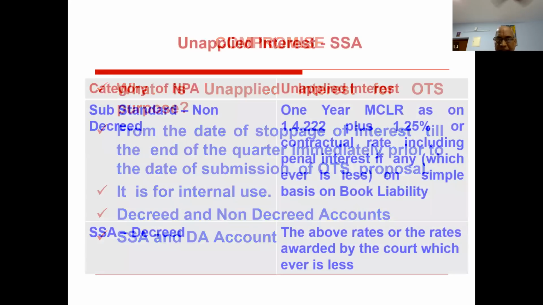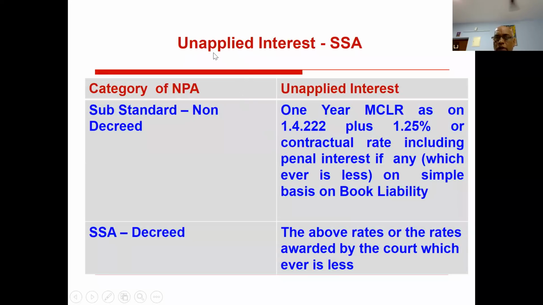Let us assume you are going to calculate the unapplied interest for a substandard asset. What is the formula? Substandard non-decreed account, substandard decreed account, I told you. For calculating the unapplied interest for substandard non-decreed, you take the book liability. Now, how are you going to calculate the unapplied interest?